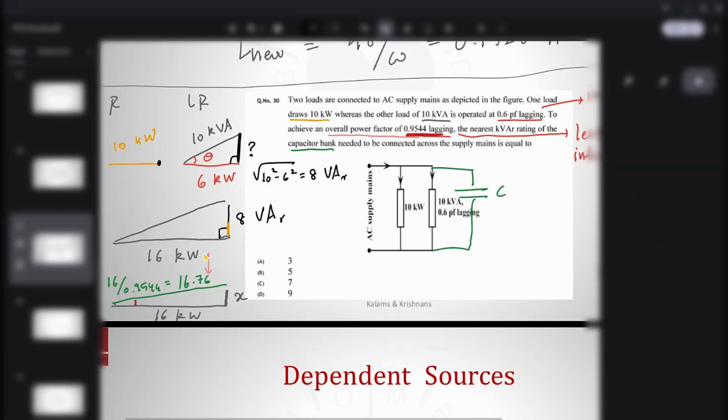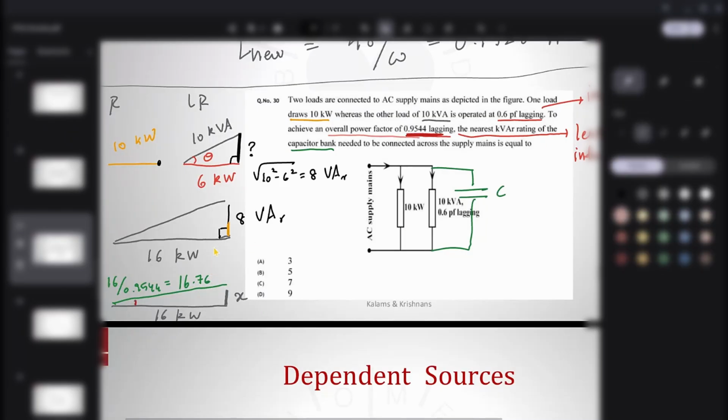So that triangle should become a shorter triangle. That is a correction that you are trying to make. And the triangle still remains right. So what is x? If you tell me x, we are done with the question.